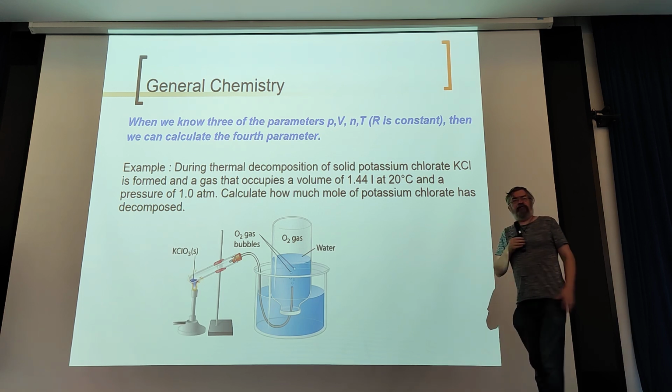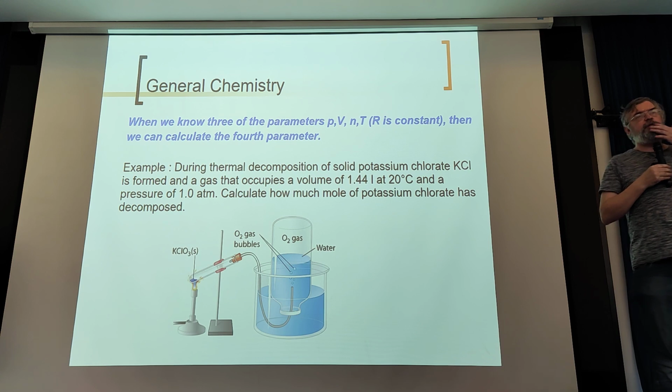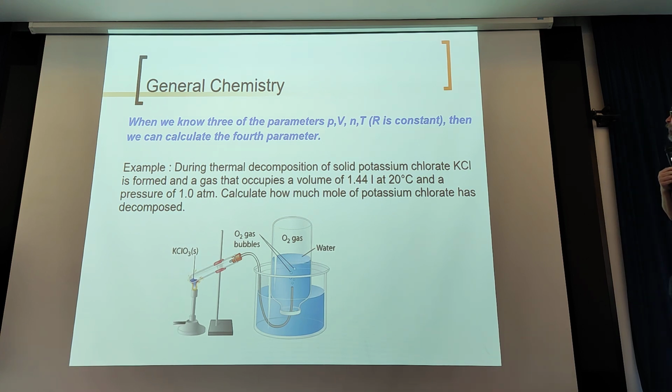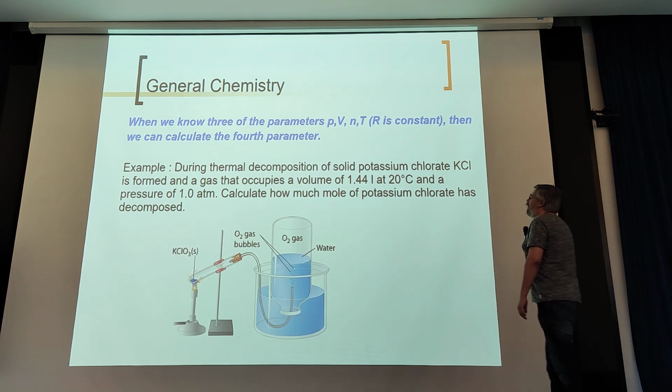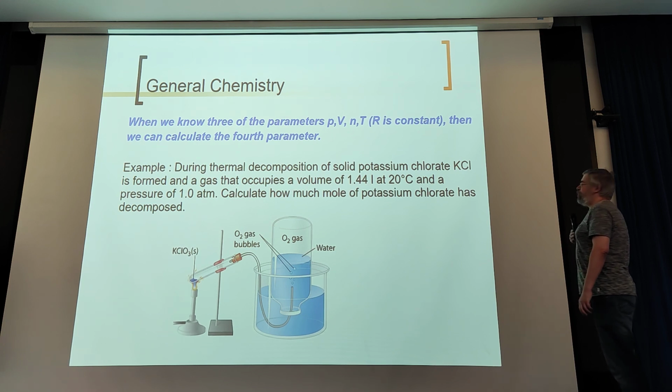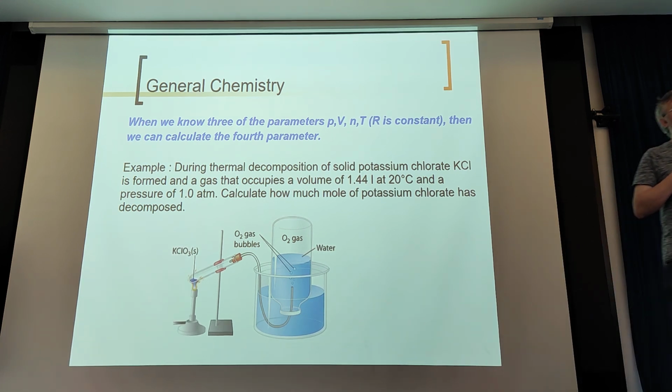So here we have a very simple example. This is a reaction where some gas is involved. We start with potassium chlorate, so that's KClO3. And we are forming KCl, so that means all of the oxygen is lost.